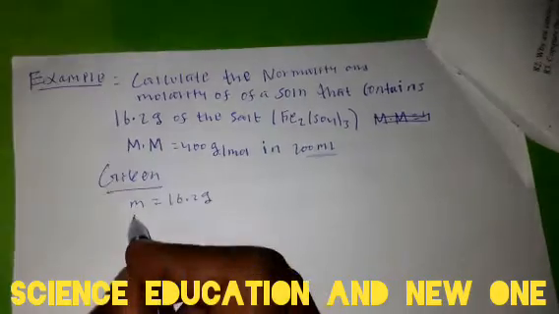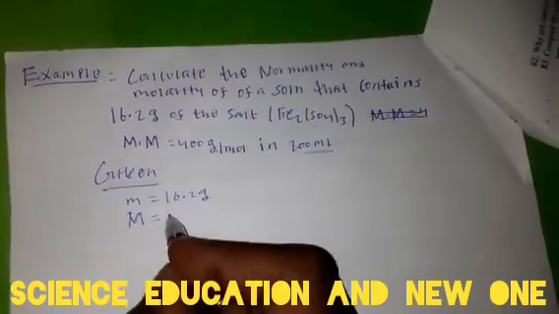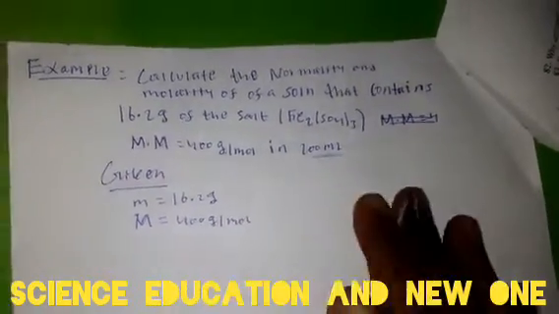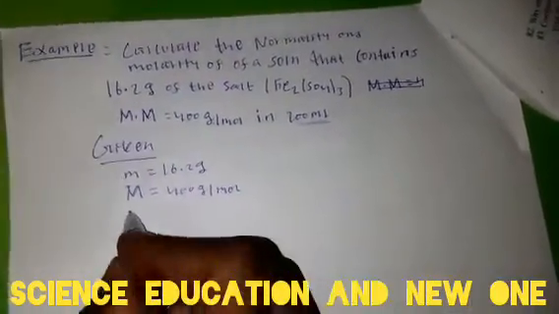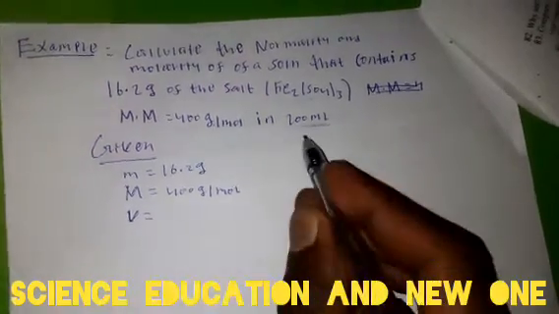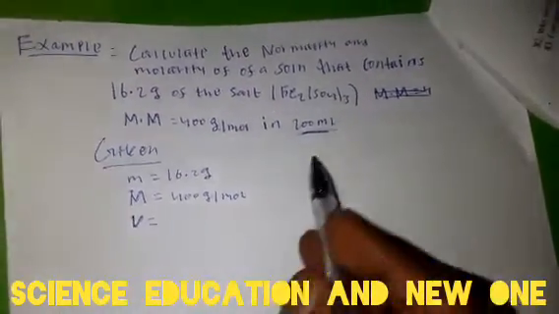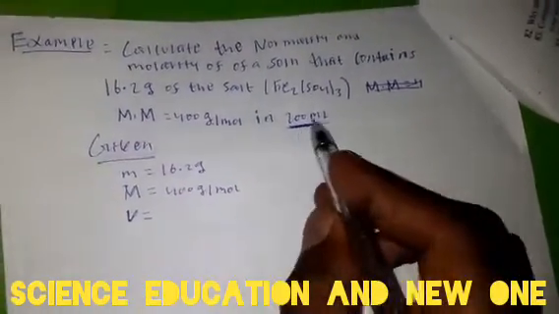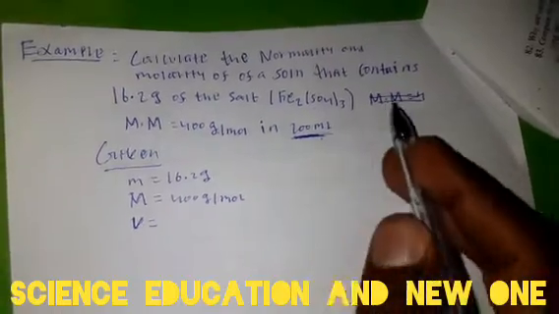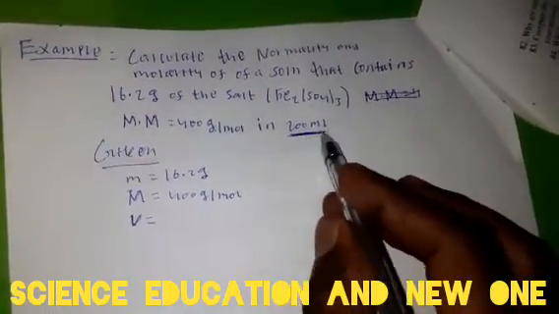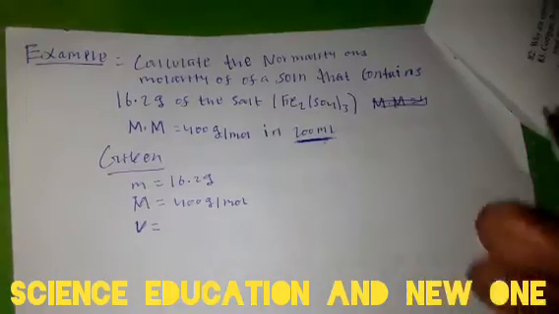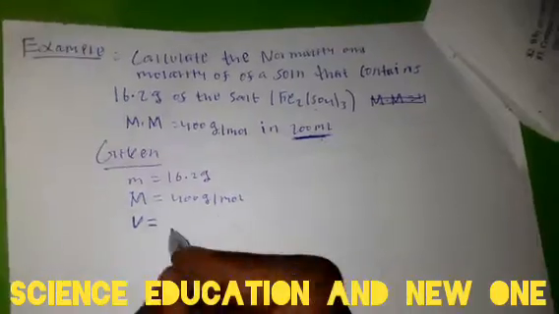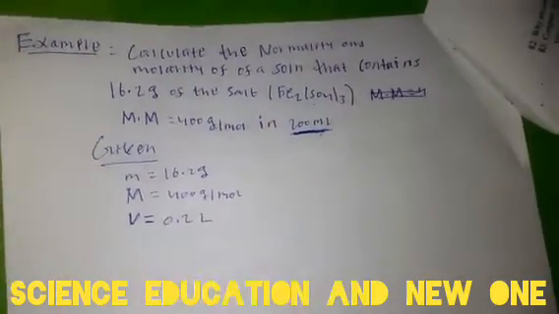Molar mass is equals to 400 gram per mole. Volume must be converted into liters, because liter is the unit of molarity, so volume is equals to 0.2 liter.